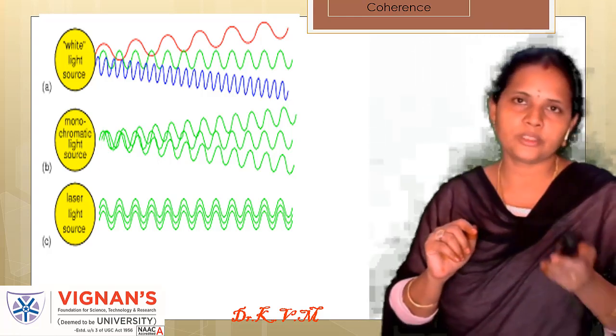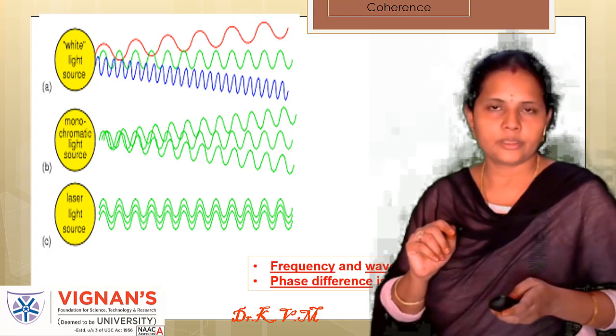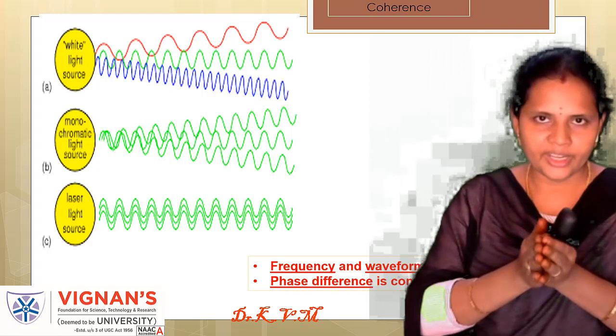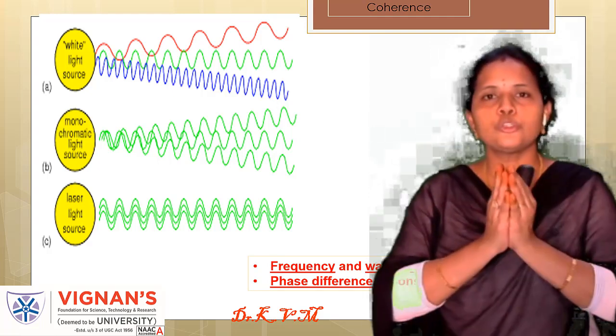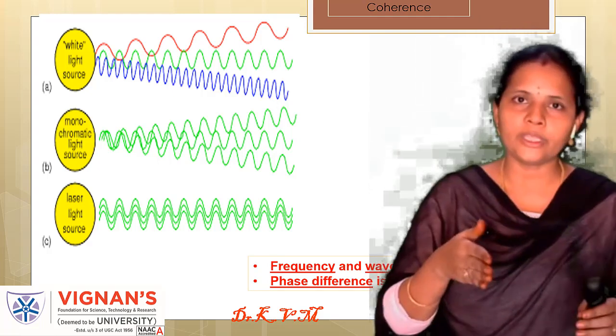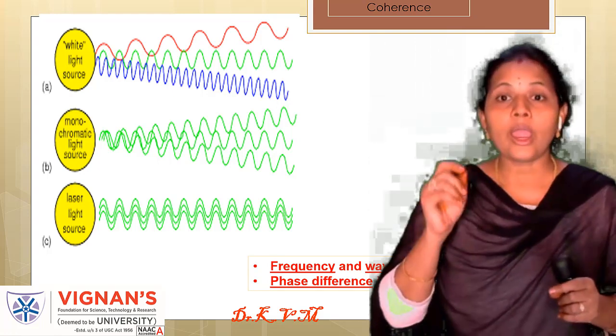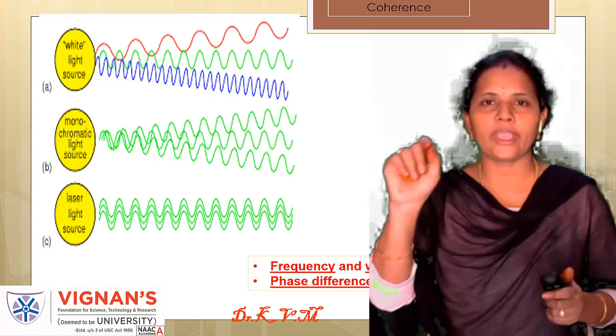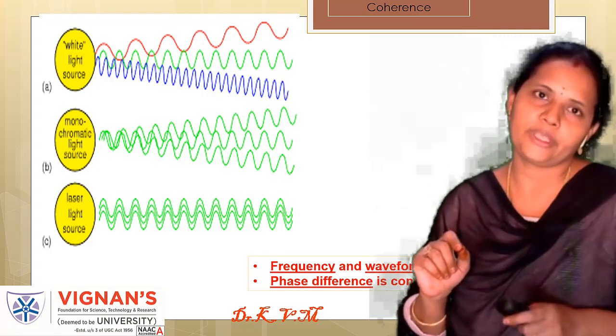This phenomenon is known as coherence. So I repeat, when you are talking about coherent radiation, the waves should have the same wavelength or frequency and they have to maintain the same phase or a constant phase difference.